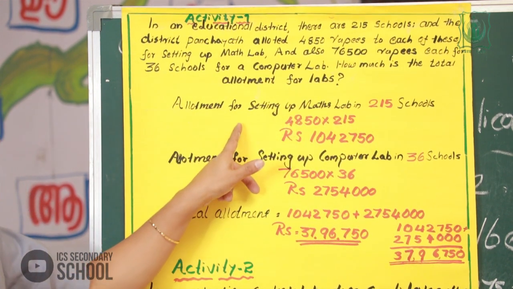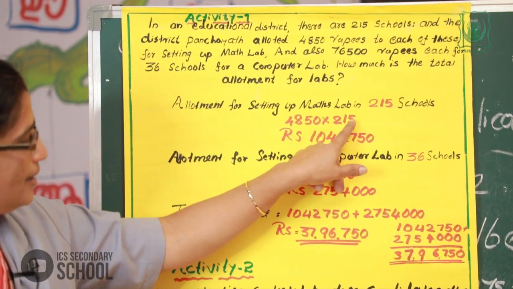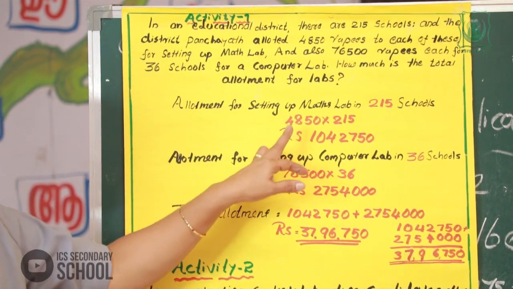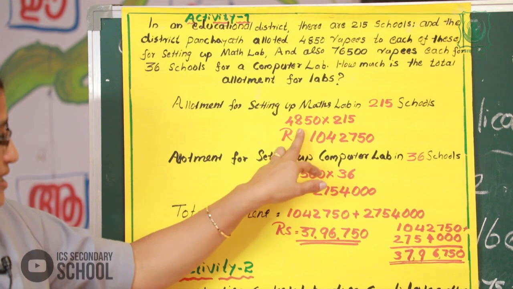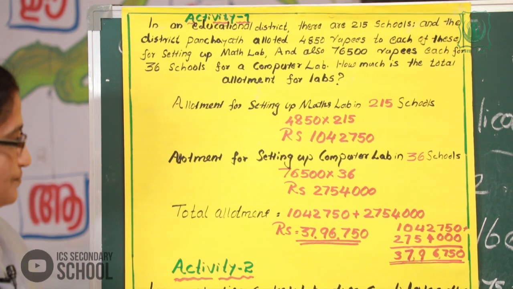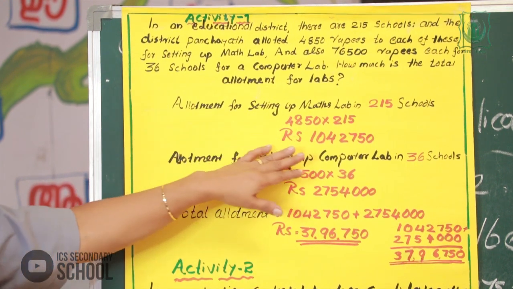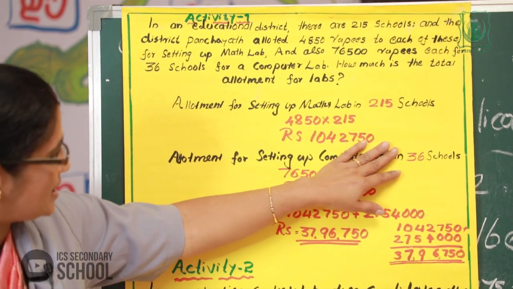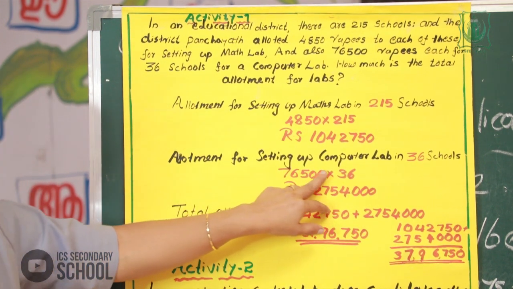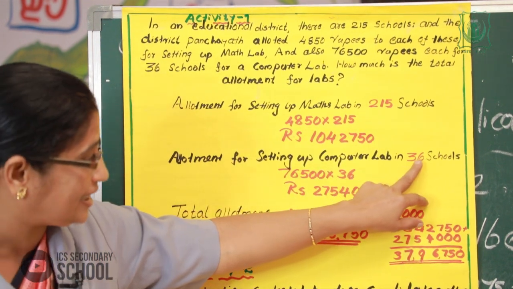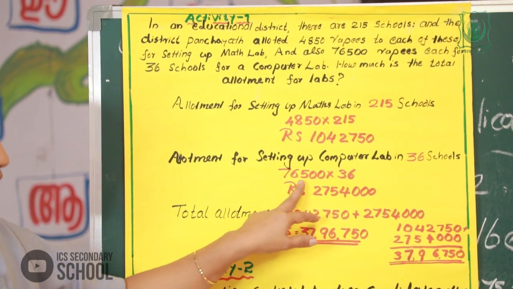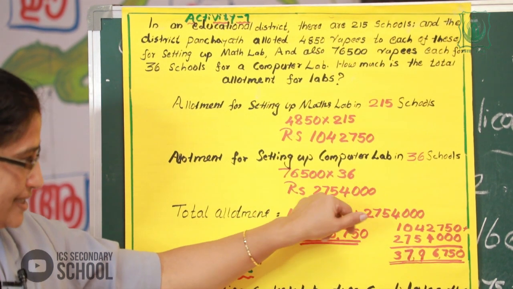Allotment for setting up math lab in 215 schools: 4,850 into 215. Allotment for setting up computer lab in 36 schools: 76,500 into 36.